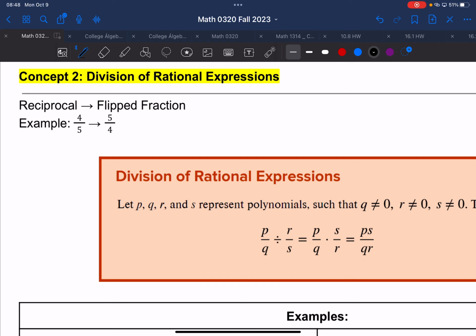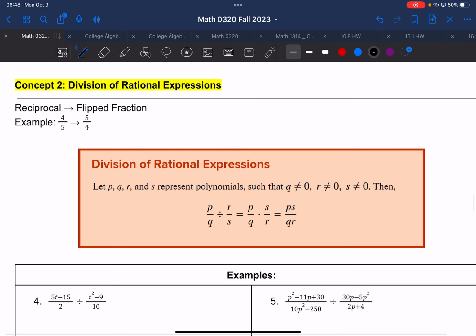When we divide, what do we have to do to that second fraction? Flip it. We have to do the reciprocal. So for concept 2, division of rational expressions, we have to take the reciprocal of the second fraction. Then we multiply. Okay, that's the only step that's changing. Just like when we're multiplying and dividing regular fractions.